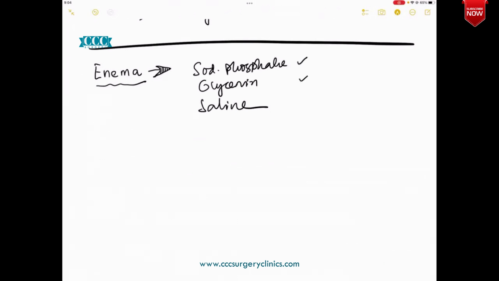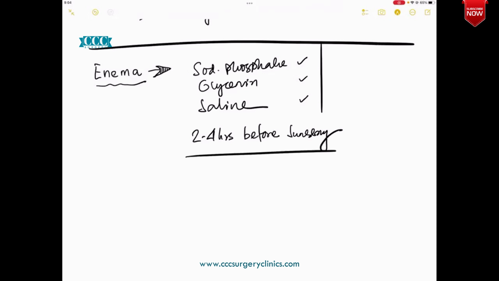So sodium phosphate, glycerin, and saline are used, and these are used usually 2 to 4 hours before surgery.